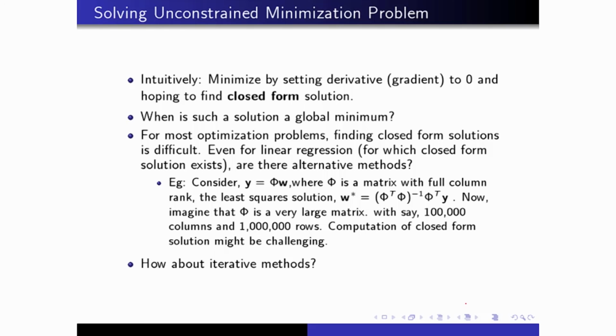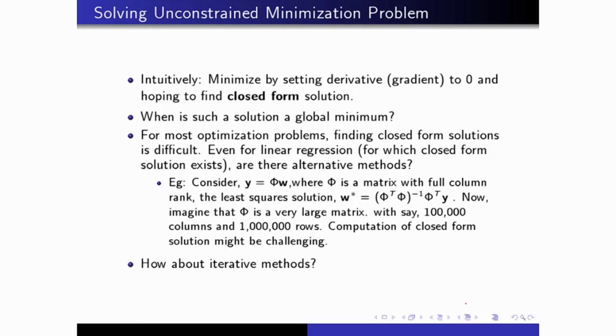Basically the rate of change of the function at the point of minimum should be 0, and we can hope that we find a closed form solution in general. We can infer a closed form solution for the case of least squares linear regression, but then there are many other questions. When is it a minimum, when is it a global minimum? And in fact for most optimization problems, finding closed form solutions is very difficult.